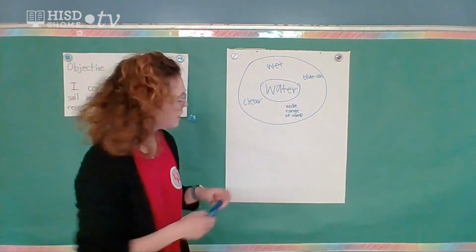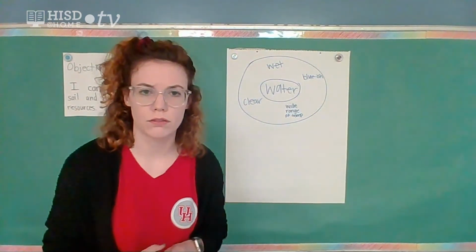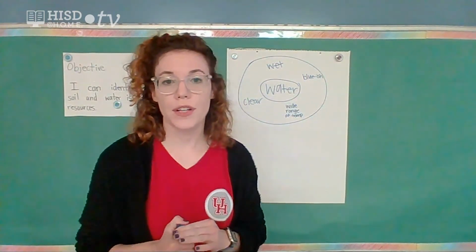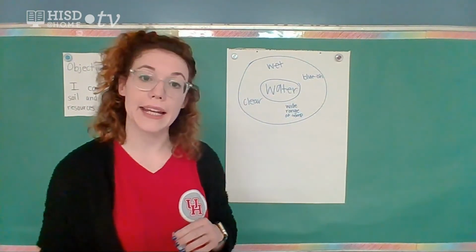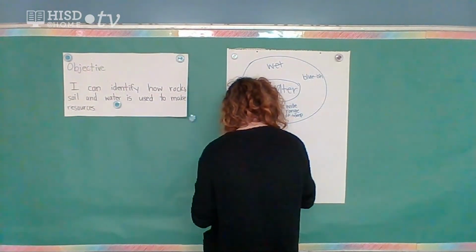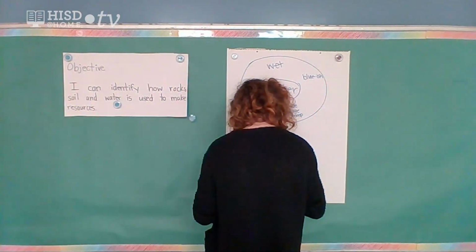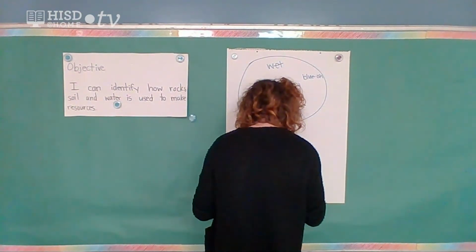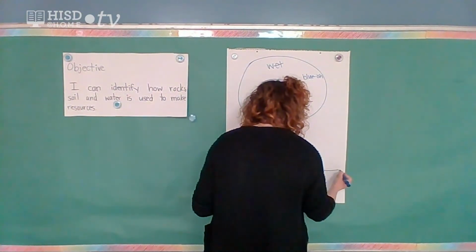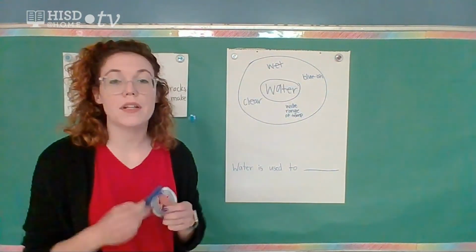And we're going to leave some space for a picture, but we're going to write our sentence stem first. We're going to say water is used for blank. And while you're writing that, I'm going to just talk about it.